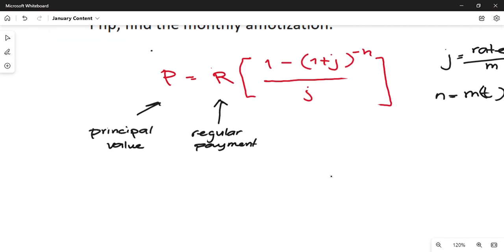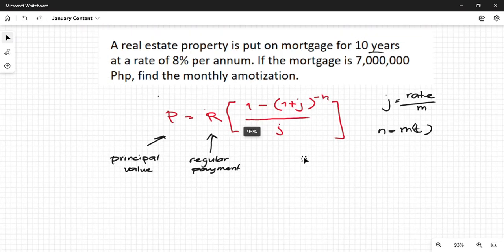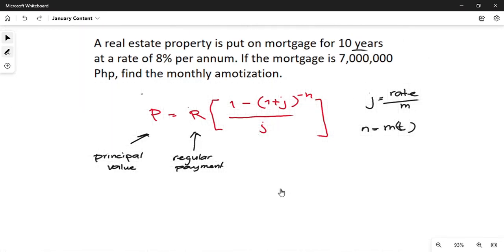So from the problem, we have the givens. We know that the principal value, or the mortgage or the loan, is 7 million pesos.